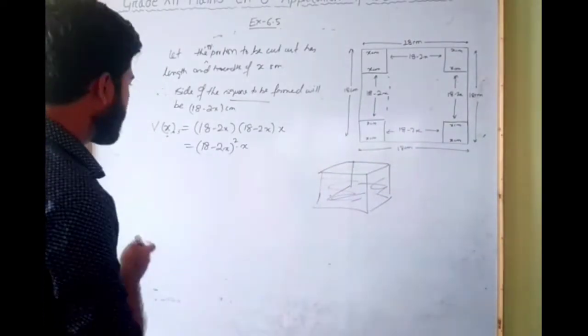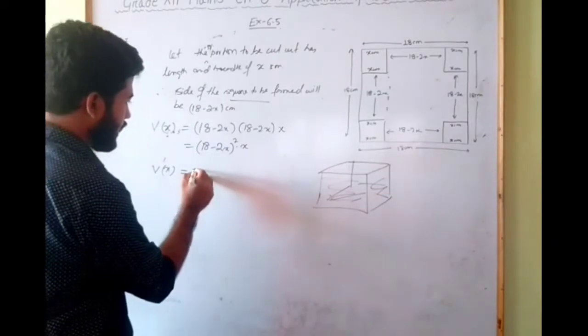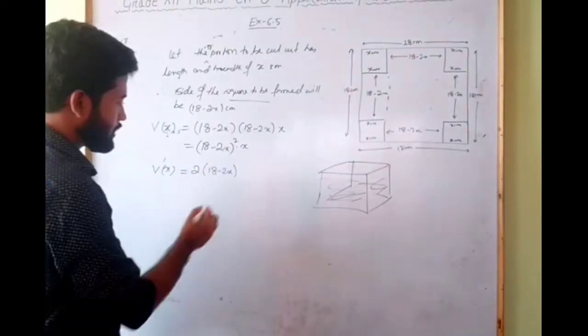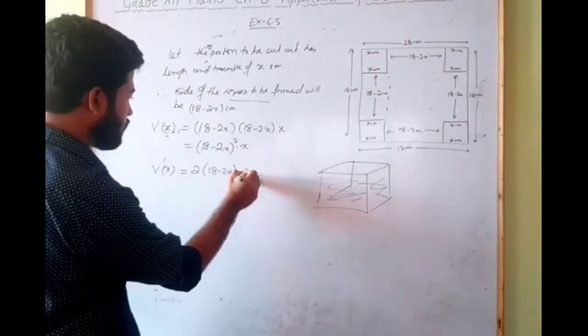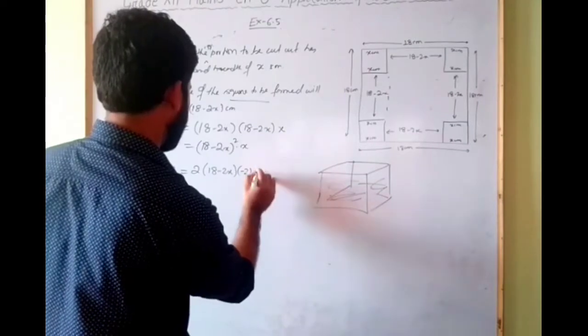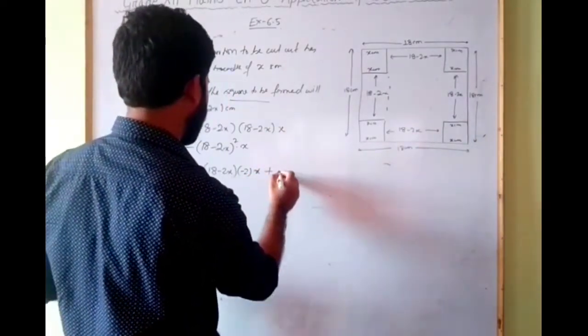Now to maximize it, what we have to do? Take the first derivative of it. So we shall have 2 into 18 minus twice x, the derivative of the first function, into minus 2, into x, plus the derivative of the second function.